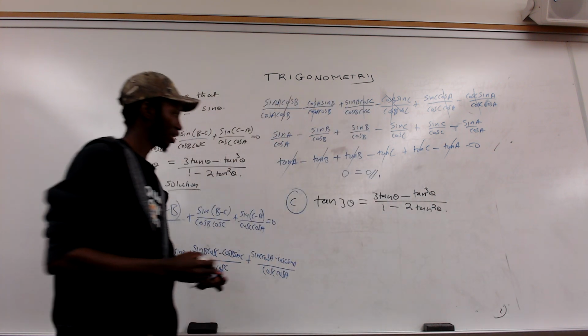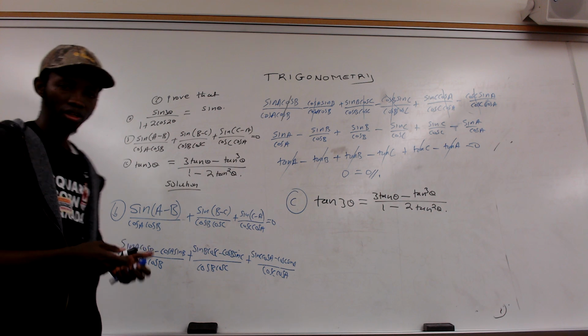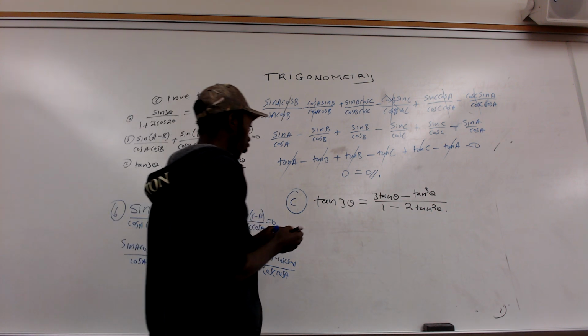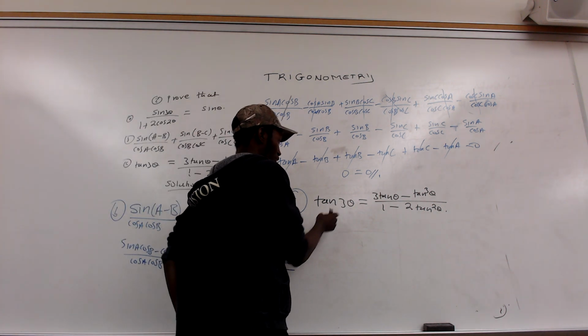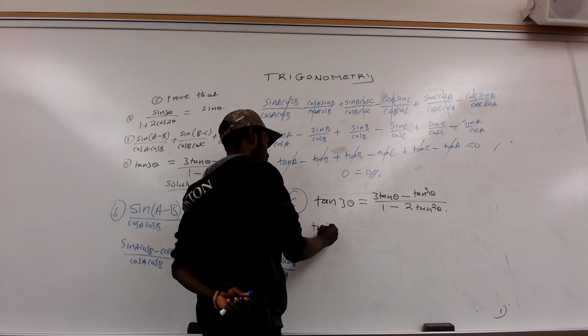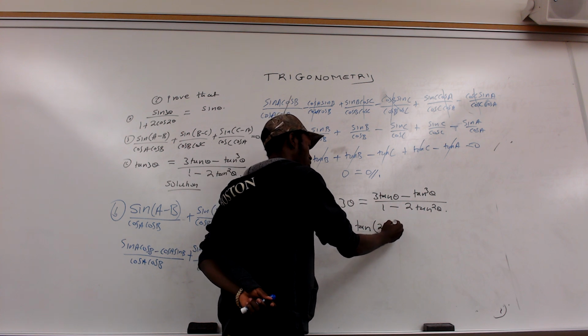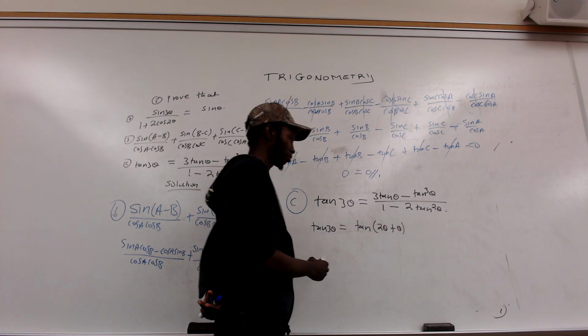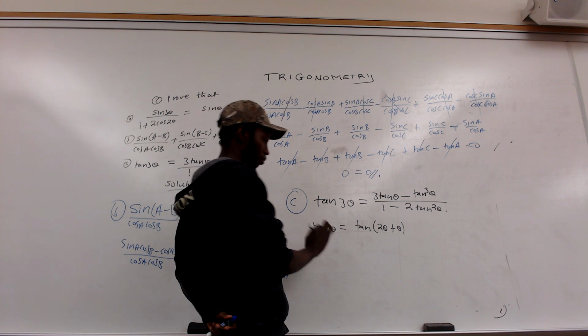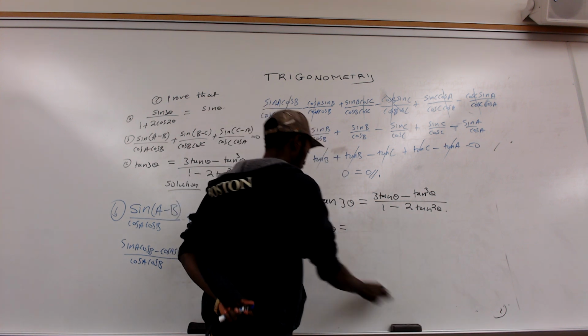We are also required to prove this. If we simplify tan 3 theta, we can take the left hand side, tan 3 theta, the same as before, as 2 theta plus theta. You see, we can express it this way.